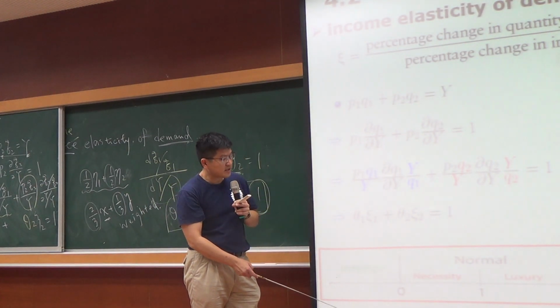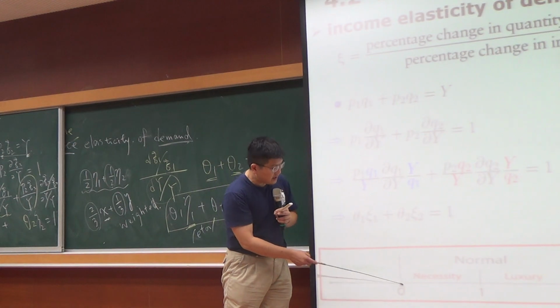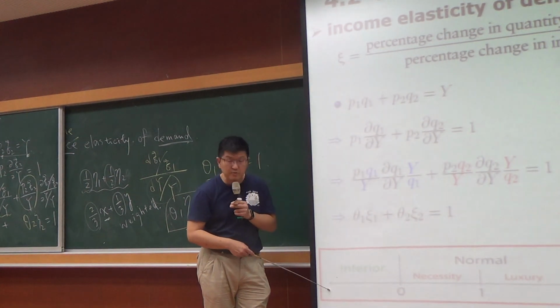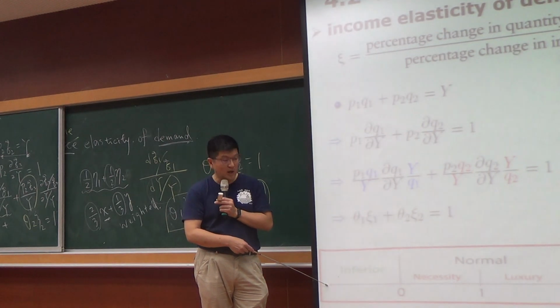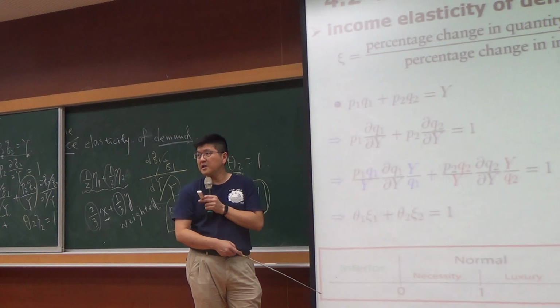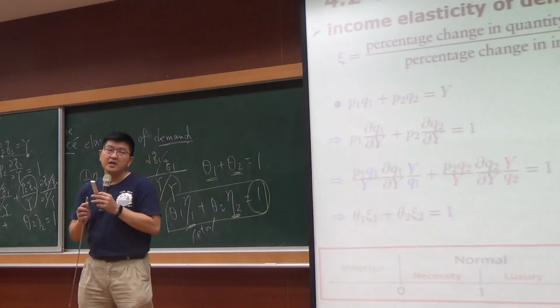So the income elasticity, when it is smaller than 0, which means it is negative, then we call it an inferior good. Why is it an inferior good?